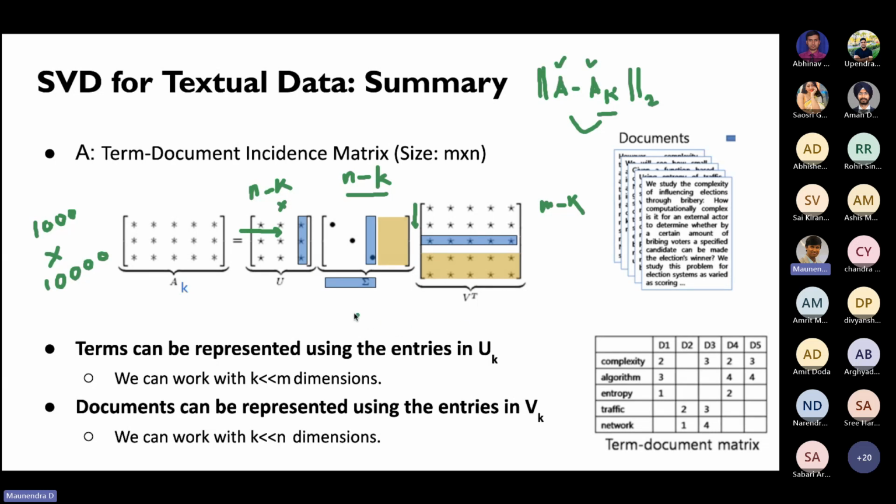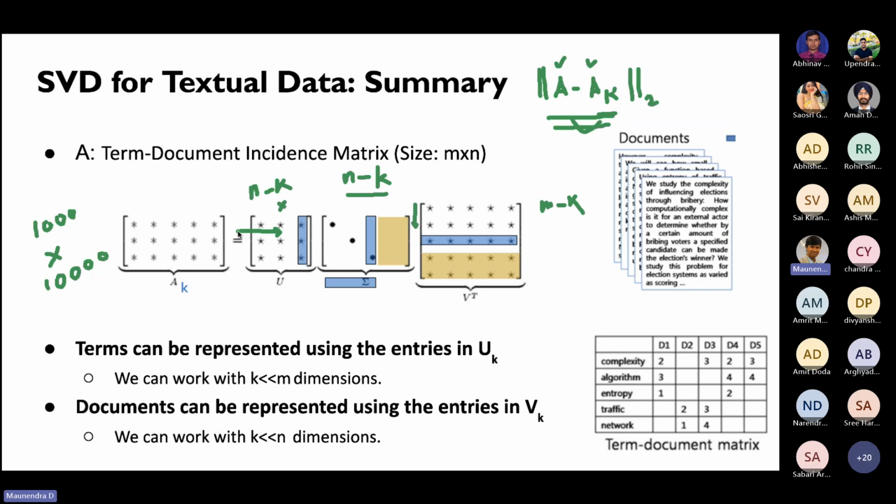Which means we can follow a step-by-step procedure of setting some entries in sigma to 0, and in the process, whatever approximate A_k we get is very close to the original matrix A. This was a very exciting result. Why? Because whatever information is contained in A is kind of the same information also captured in A_k.